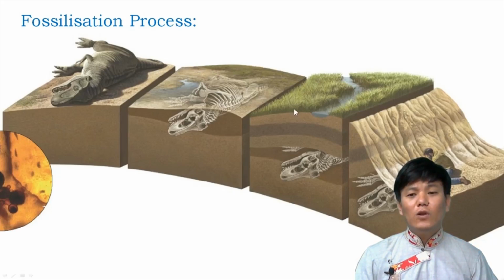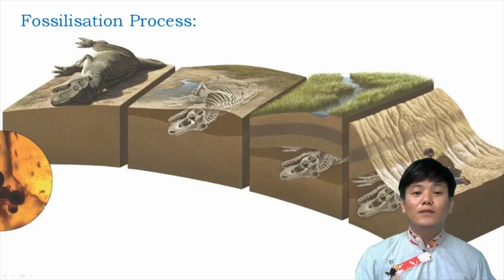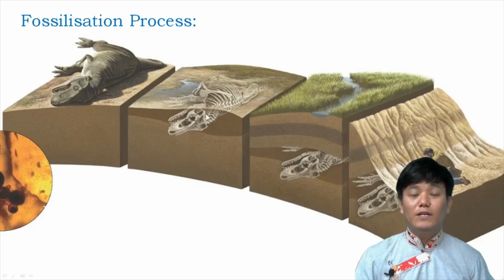After a long period of time, due to sedimentation, the body got buried deeper and deeper underneath the layers of soil, and the hard parts of the animal, that is the bones, got preserved in the sedimentary rocks. That is called fossilization. So the bones are said to be now fossilized.